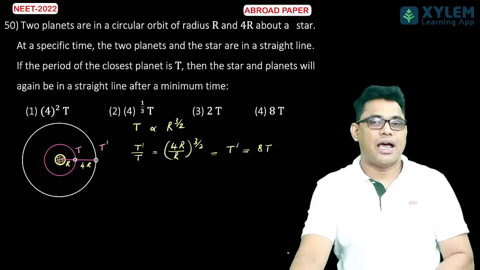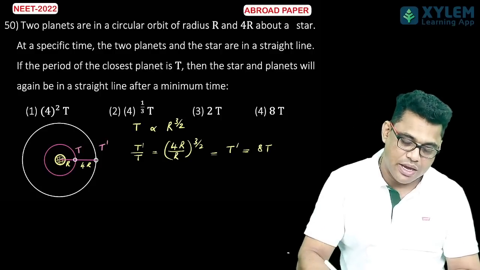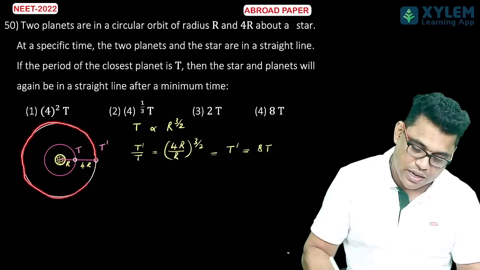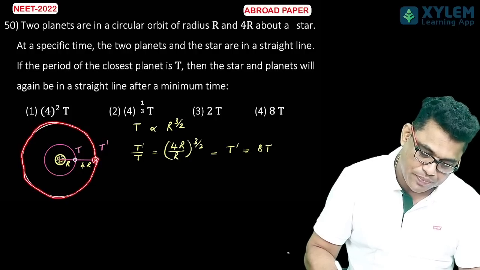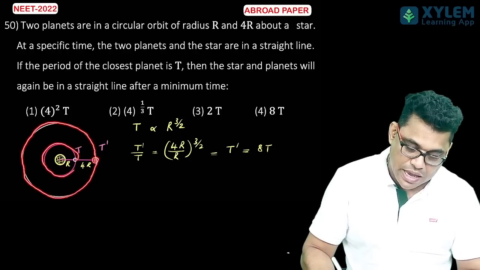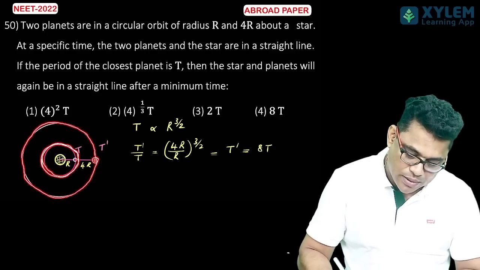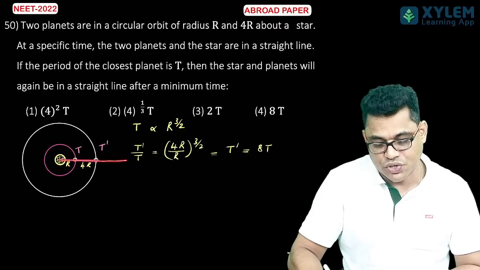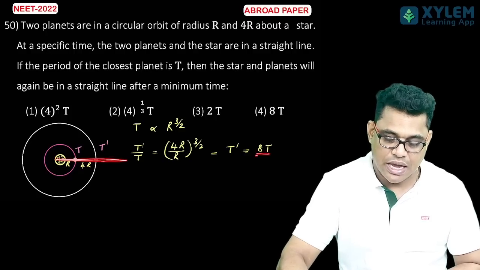So, what will happen after the time 8T? After the time 8T, the outer planet will make one revolution and come back to its position. The inner planet will make 8 revolutions and come back to its initial position. Therefore, they are in the same straight line after the time 8T.